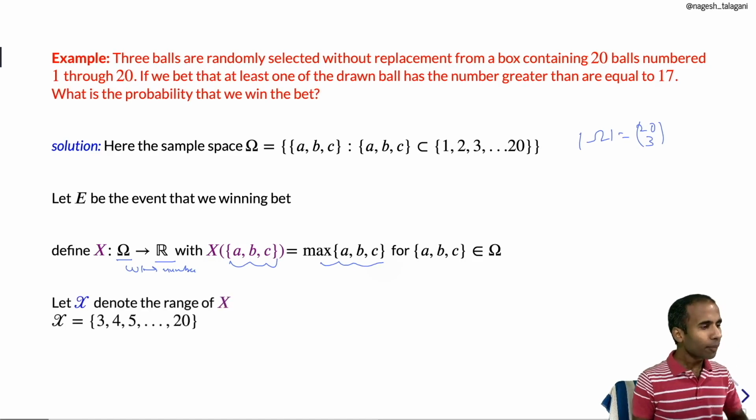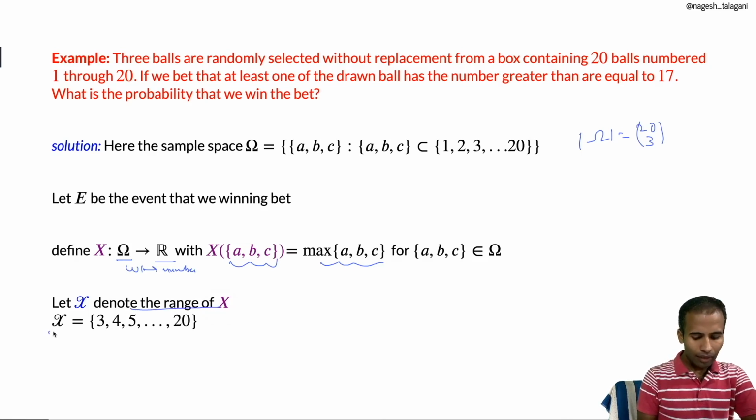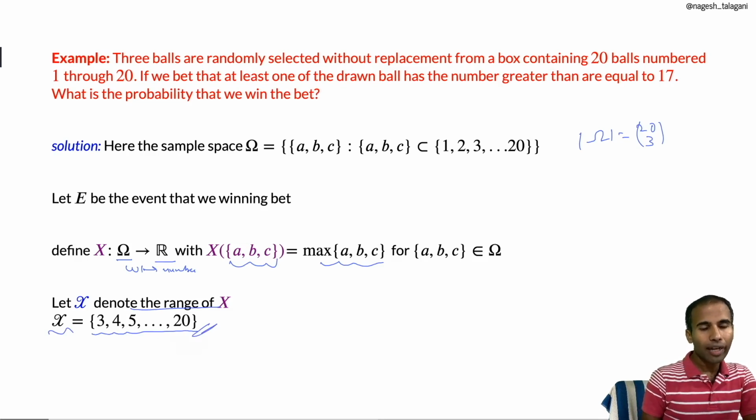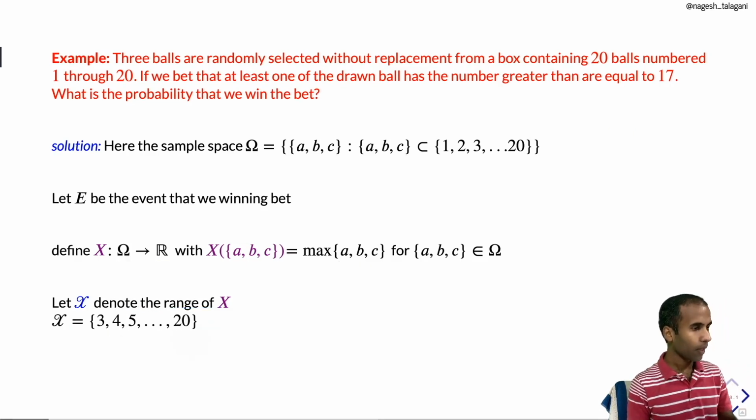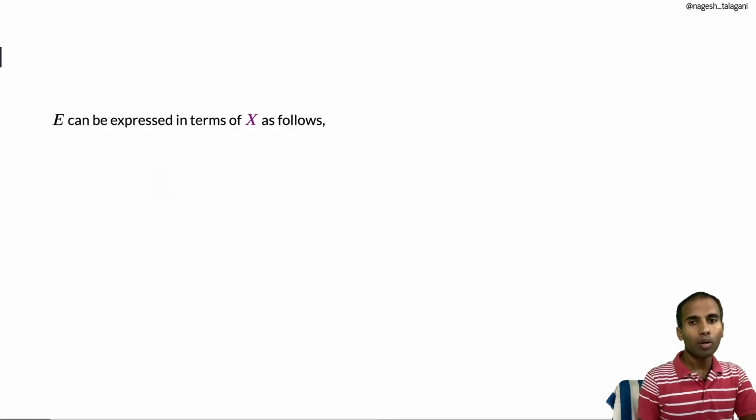Let script X denote the range of X, then script X is going to be 3, 4, 5, and so on up to 20. So this is going to be the range of X. Now let's describe our event of interest in terms of this X. E can be expressed in terms of X as follows.